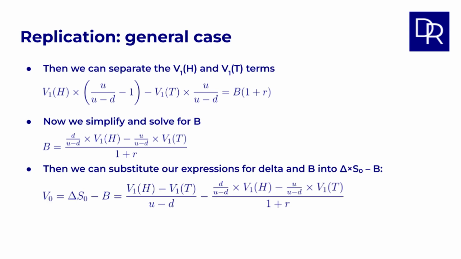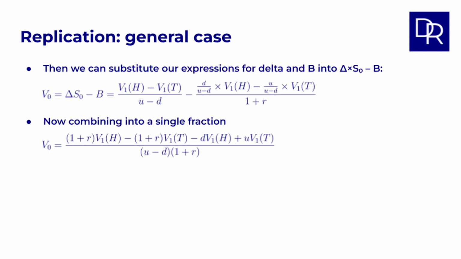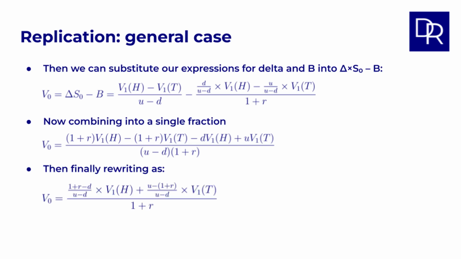Then we can substitute our expressions for delta and B into our expression for the value of the replicating portfolio and therefore the option at time 0. Now we combine this into a single fraction. Then we finally rewrite it like this.